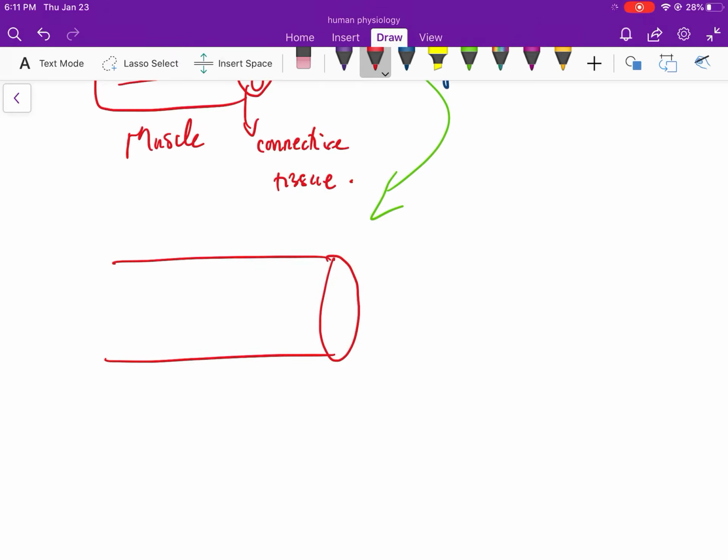In the fiber cells, we have a lot of T tubes. This is called a T-tubular tube.